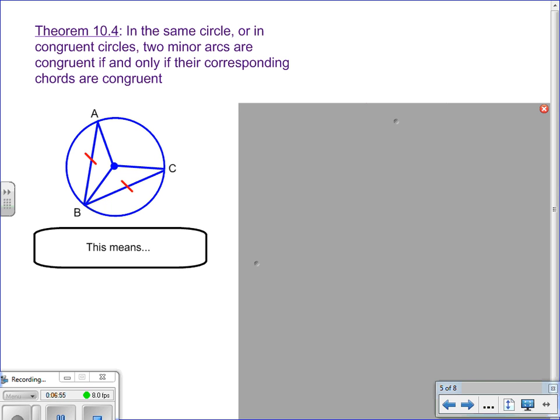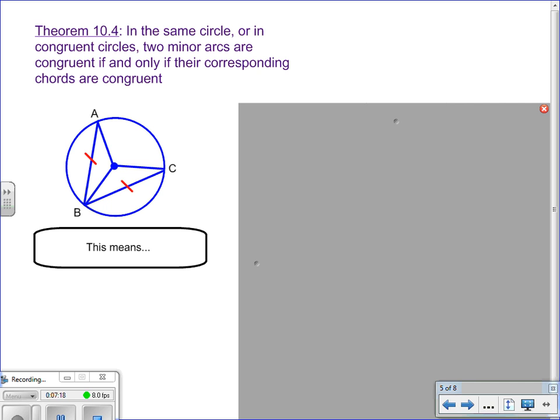We have this circle where we have chord AB and chord CD. Those chords are going to be congruent. Or they're marked congruent. So then, this says that if that's true, their corresponding arcs are going to be congruent.